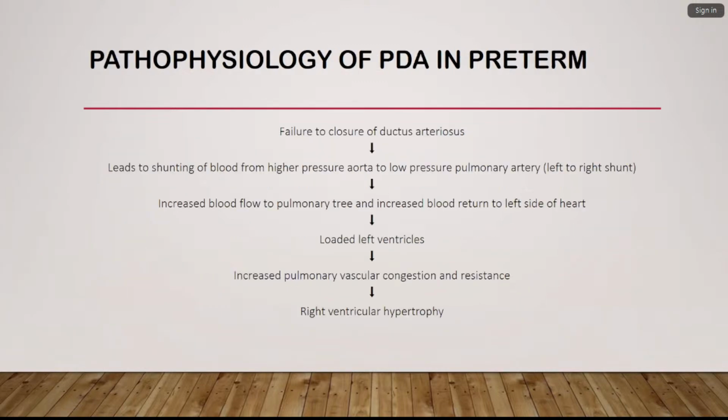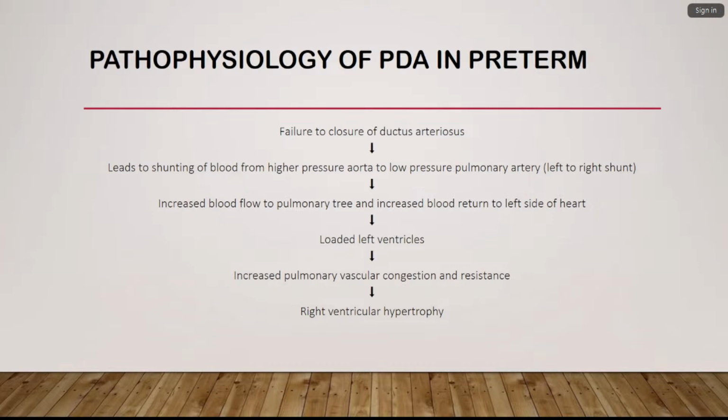Now, coming to the pathophysiology of PDA in preterm infants. As we have discussed, the factors causing failure of closure of the ductus arteriosus lead to shunting of blood from higher pressure, that is the aorta, to lower pressure, that is the pulmonary artery, and it causes a left to right shunt.